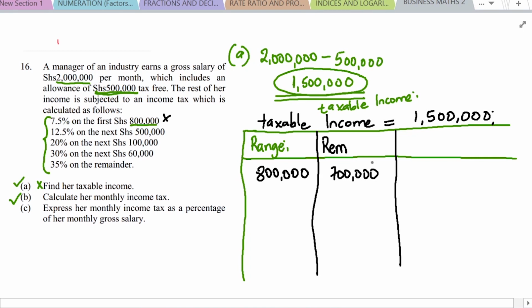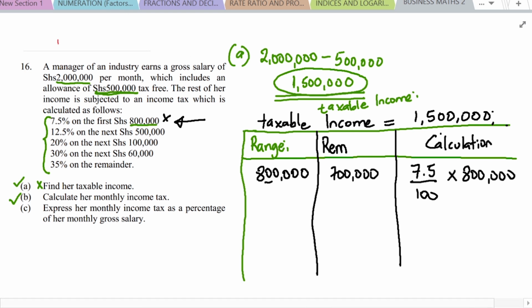Okay, so the first 800,000 is subject to 7.5 over 100, because that's what it's written here, that it is 7.5% times the first 800,000. This is the tax calculation.